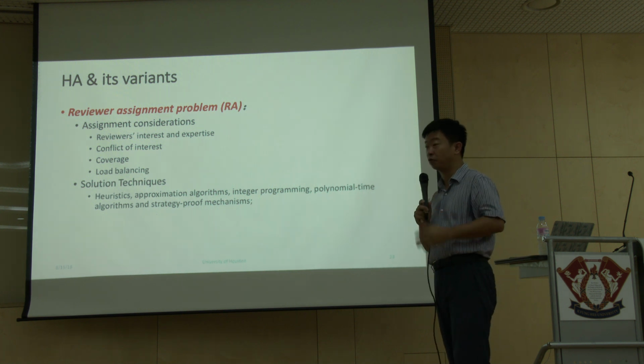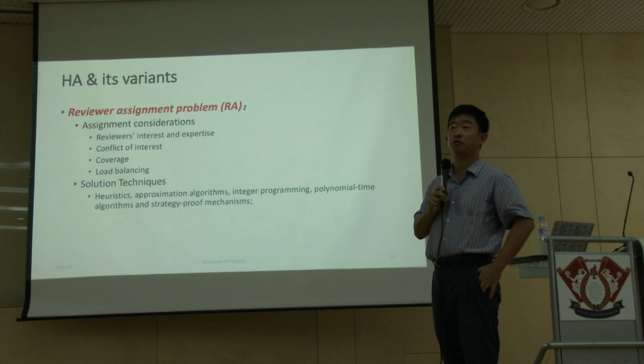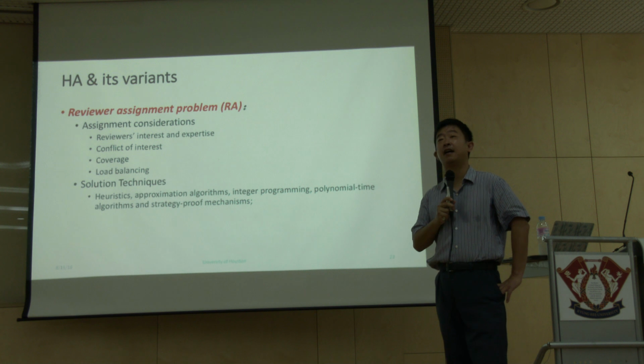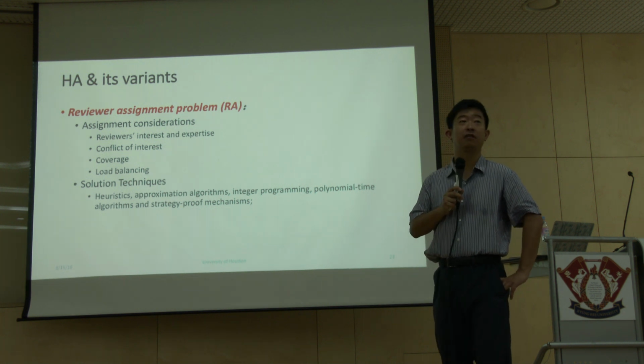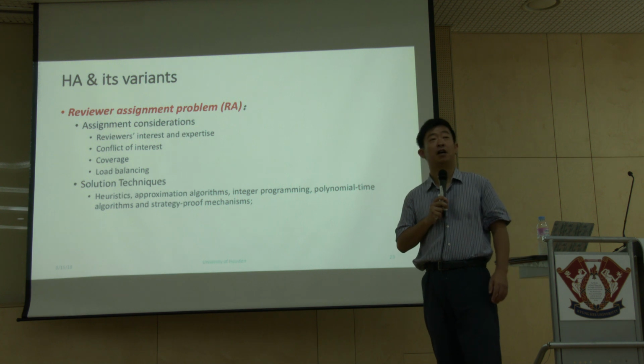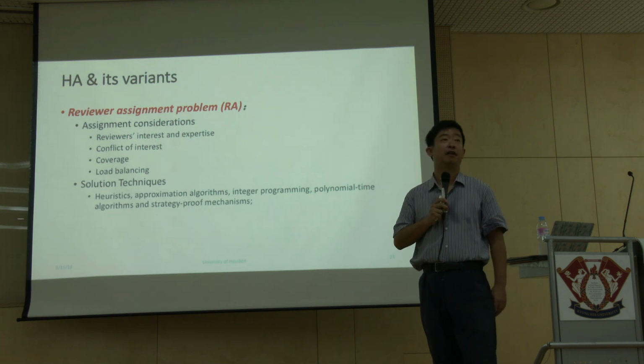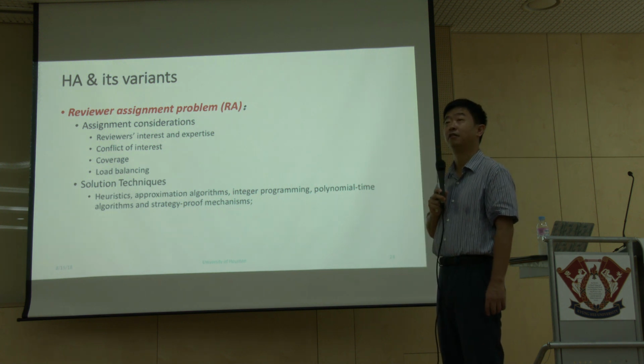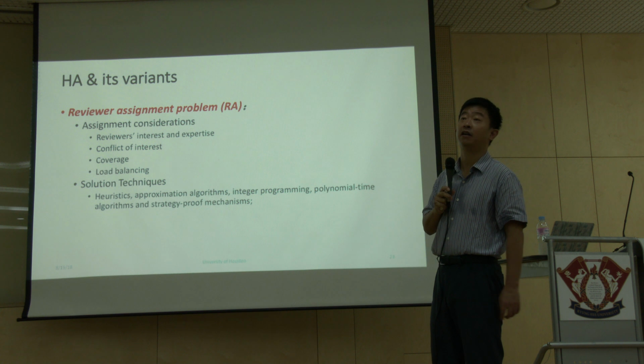So Professor Baochun Li at the University of Toronto implemented the algorithm in EDAS, such that when you submit to some conferences, like InfoCom, your paper is assigned automatically by the system. So that is a good thing, in the sense that it's based on the matching and some other heuristics.